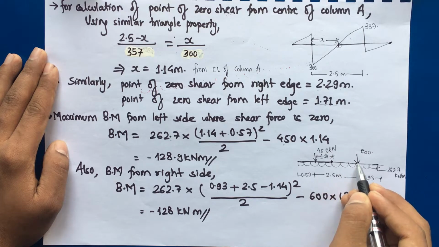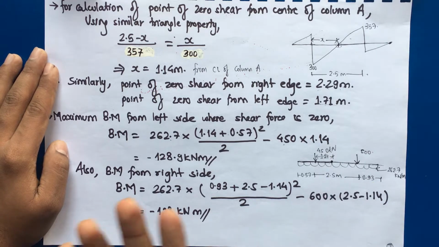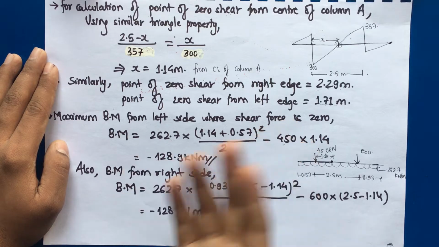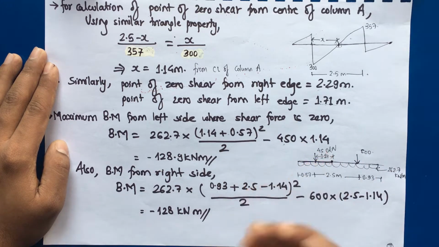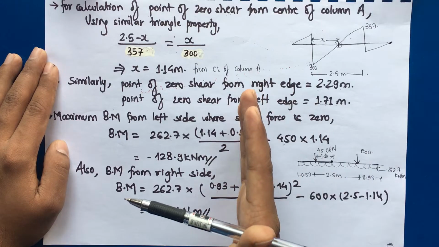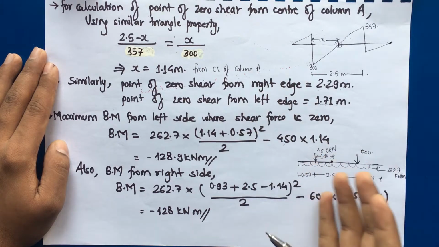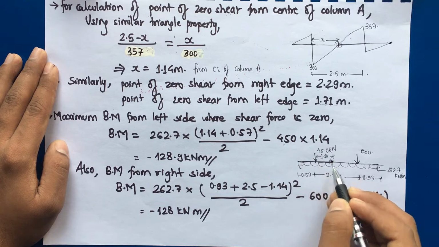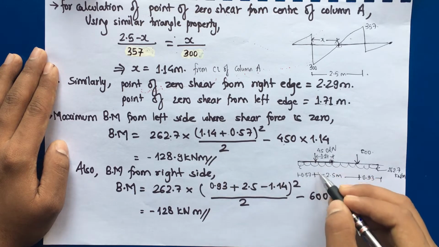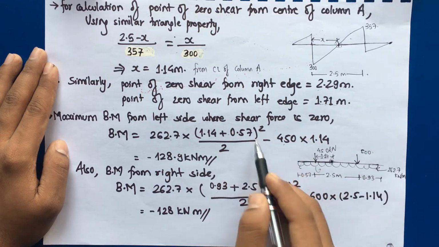So we are considering this much distance, and the sign convention will be the same, that is left to right. Here you can see left to right clockwise positive, anti-clockwise negative. So if we see from left to right, then 262 gives a clockwise moment to this point. Similarly 450 gives an anti-clockwise moment, so it is taken as negative.